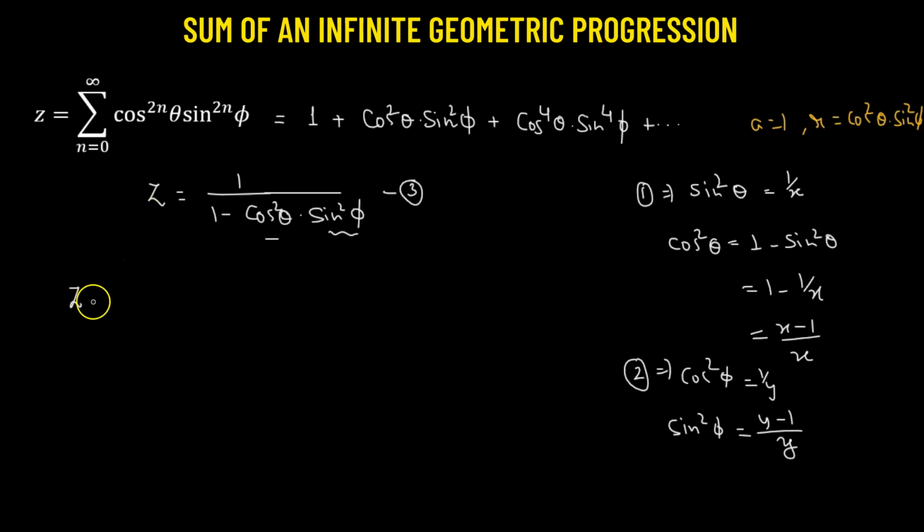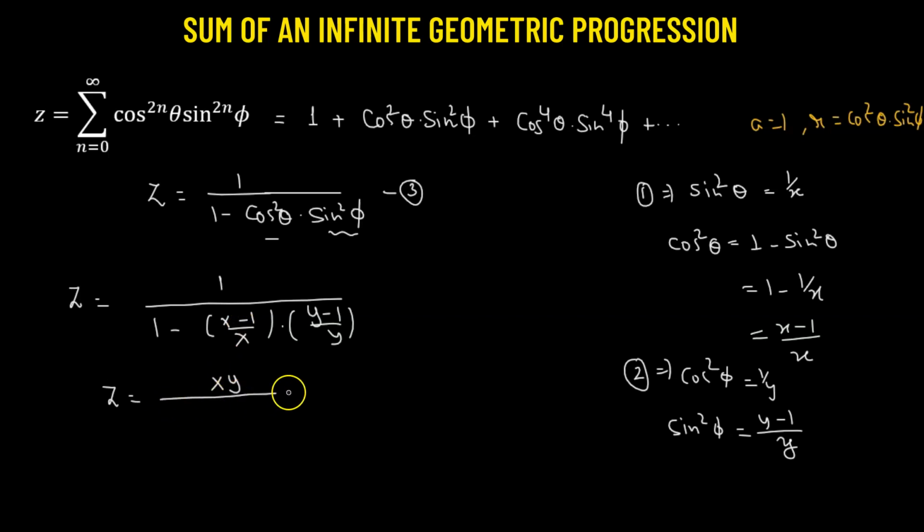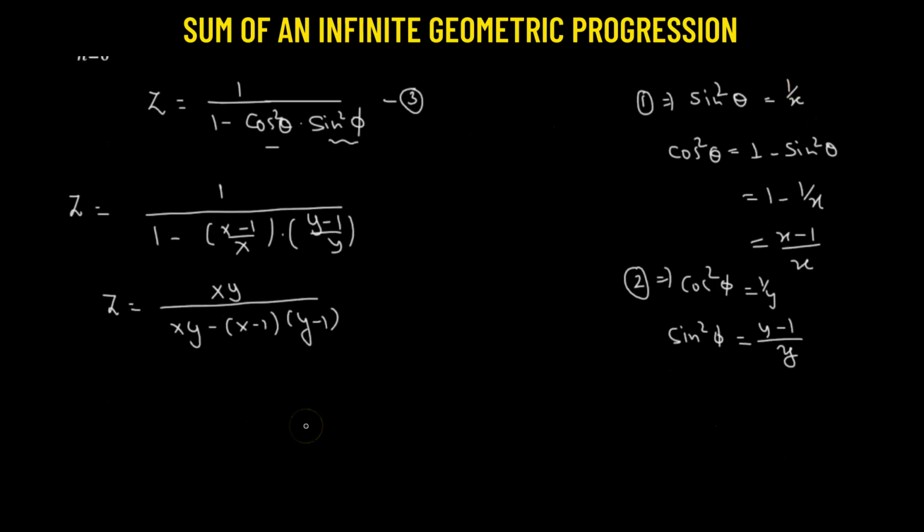So our z value will be equal to 1 divided by 1 minus x minus 1 over x, which replaces cosine squared theta, times y minus 1 divided by y, which replaces sine squared phi. So z will be equal to, multiplying both numerator and denominator by xy, xy divided by xy minus x minus 1 times y minus 1. Let's further simplify this.